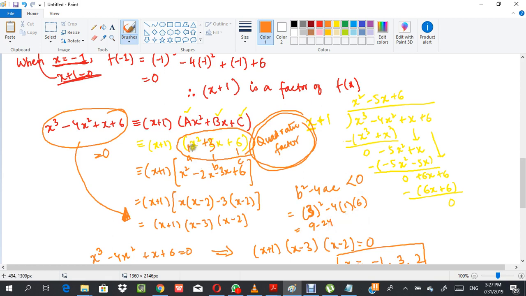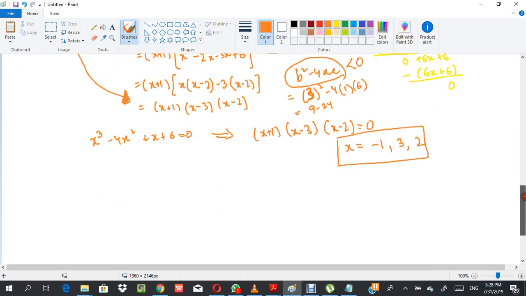So if I have a quadratic factor which gives me a negative value for b squared minus 4ac, in that case, that quadratic factor can't be simplified any further. It can't be solved. In that case, the only solution would be obtained using this linear factor, that is x plus 1 is equal to 0, and we get x is equal to negative 1.